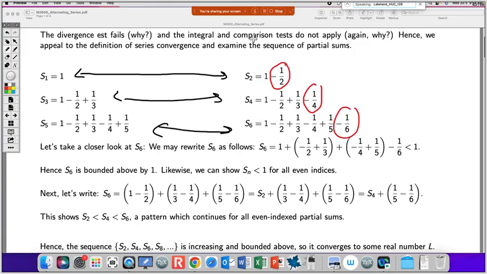Well, we know from when we tried the divergence test, these terms are going to 0. So the even partial sums are going somewhere. The difference between the even partial sums and the odd partial sums is going to 0. That means that the odd partial sums have to be going to the same place. Does that make sense or not? Okay, and that's pretty much the proof.